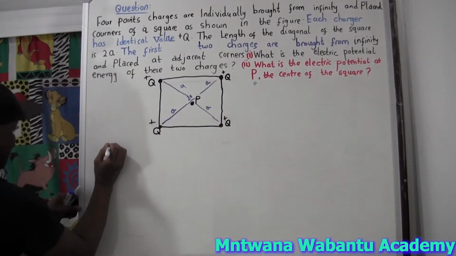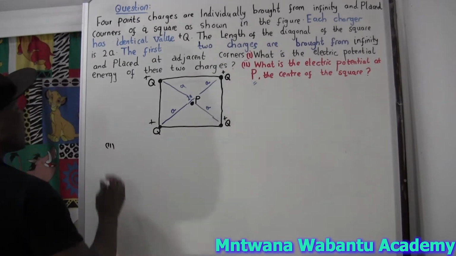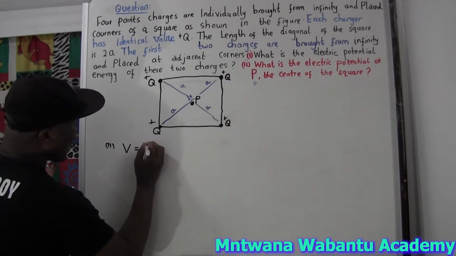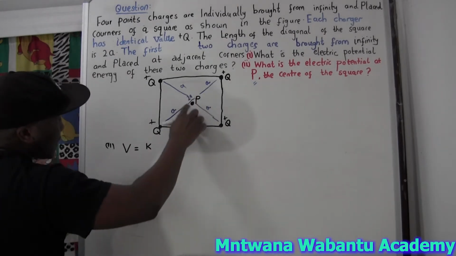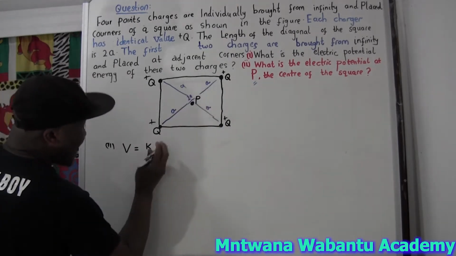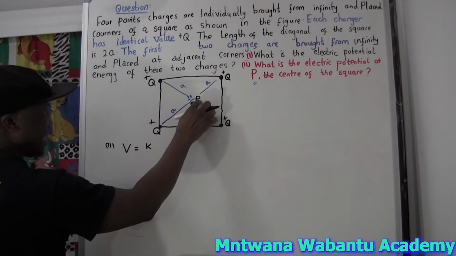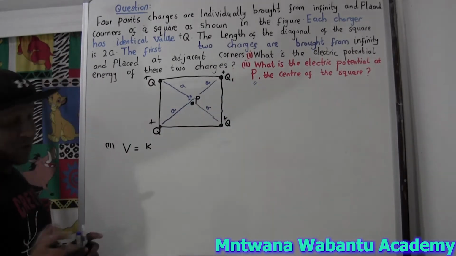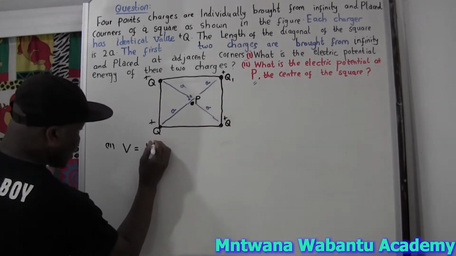So for the second one, electric potential from Coulomb's law is equal to K. Since this is the center, we say K times, starting from this P to this charge, let's call it Q1.